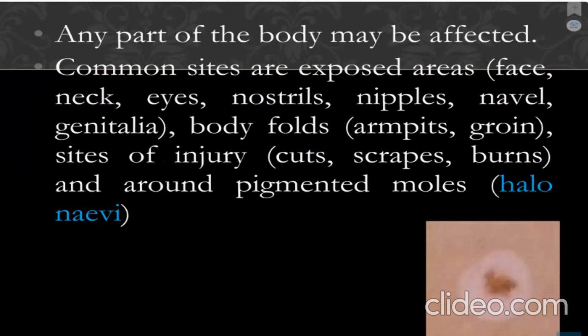Any part of the body may be affected. The common sites are exposed areas, that is face, neck, eyes, nostrils, nipples, navel, genitalia, some body folds like armpits and groin, sites of injuries like cuts, scrapes, burns, and around pigmented moles.